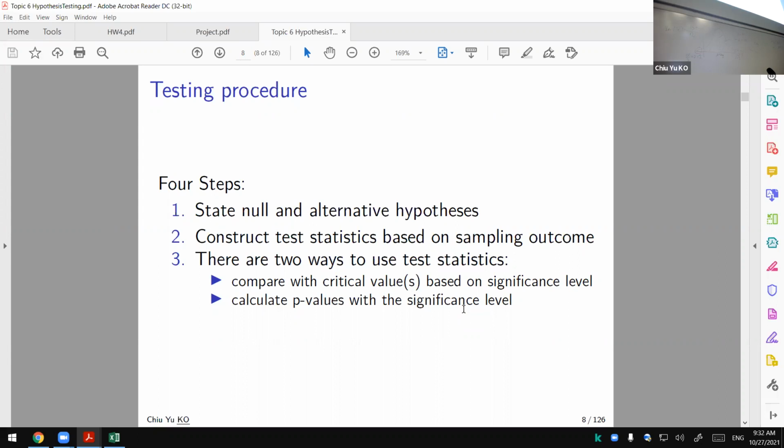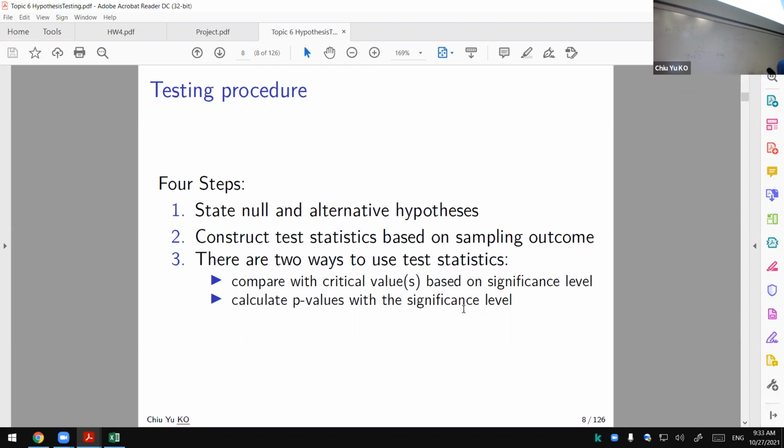This is the first part. The second part is based on a test statistic. In this case, we are testing based on X bar. We are comparing X bar to see whether it is a very low number or a very high number.